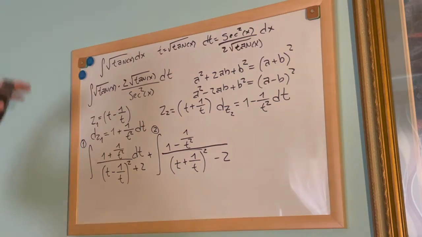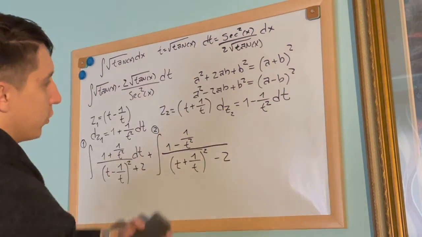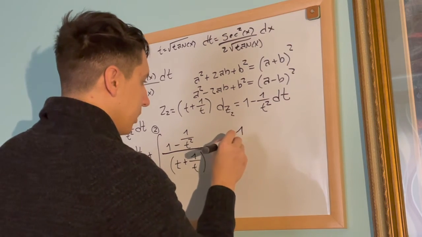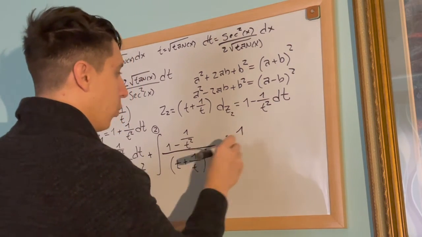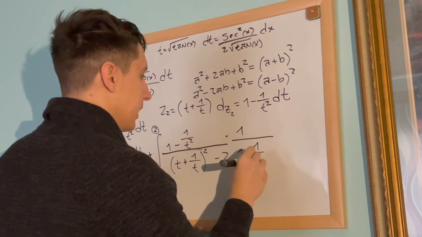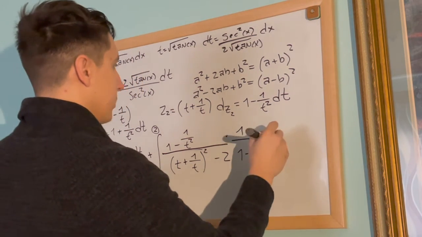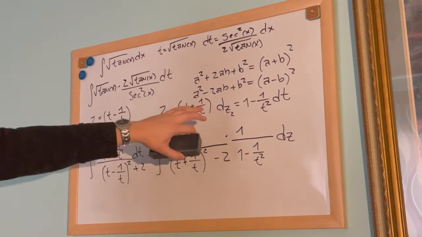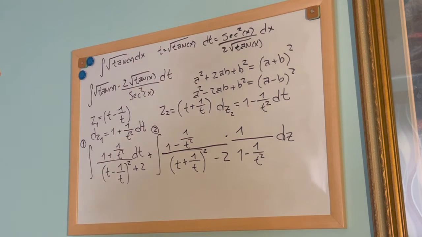I don't have a whole lot of space. If you move this over, it would just be 1 over that. So it would be 1 over the 1 minus 1 over t squared. And this was going to be dz, and I'll just leave it as dz. That was just for the sake of organizing things.